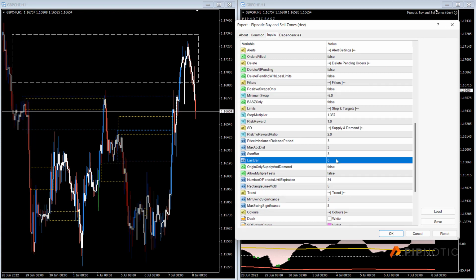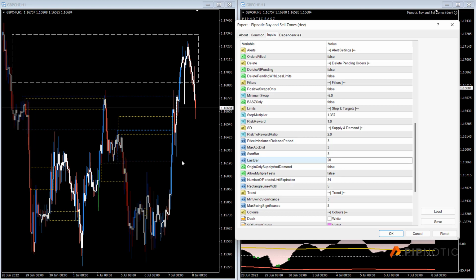But one thing that I've noticed that is super interesting is this. When an area of supply or demand has been formed and price moves away from it very, very quickly, if price comes back to it within 20 candles, the likelihood of that trade working goes up by 40%.